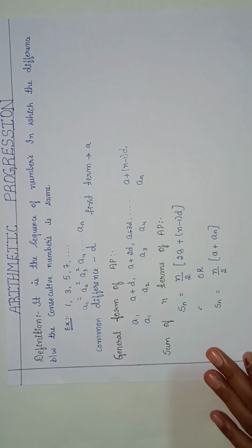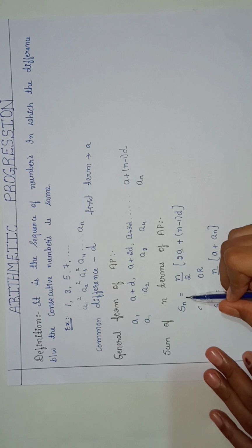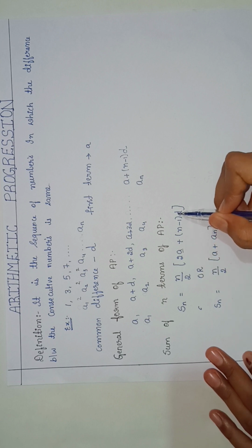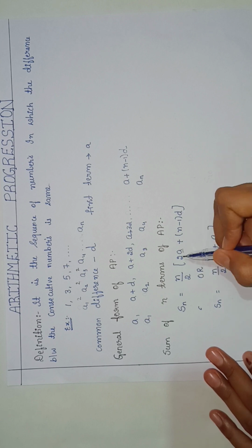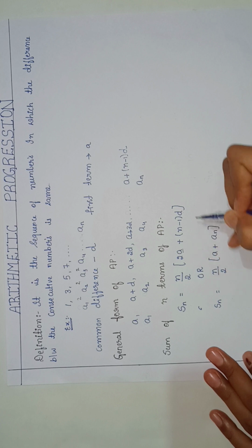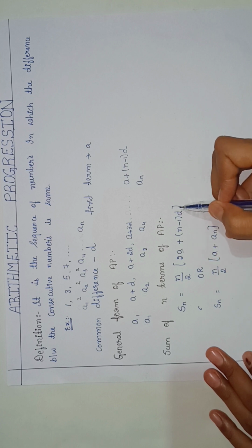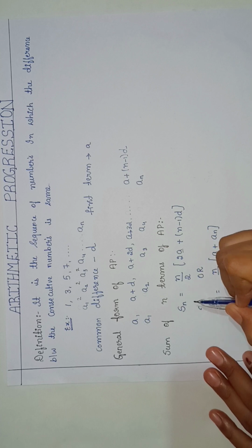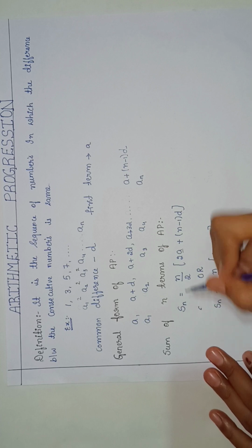Basically, here you have two formulas. Sn is equal to n by 2 times 2a plus n minus 1 times d, where a is the first term and d is the common difference, and the sum of n terms is denoted by the letter Sn.